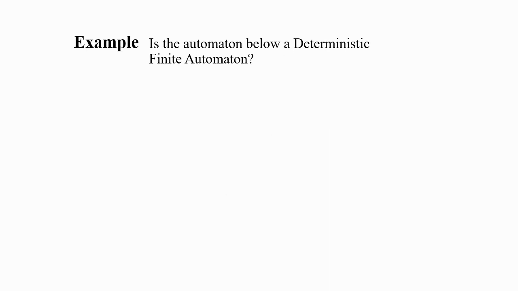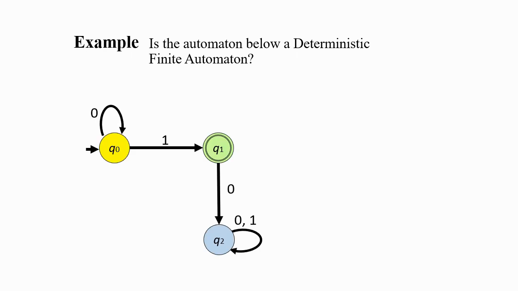Now example 3. Is the automaton below a deterministic finite automaton? Now this is the automaton. The answer is no, it is not. Why?